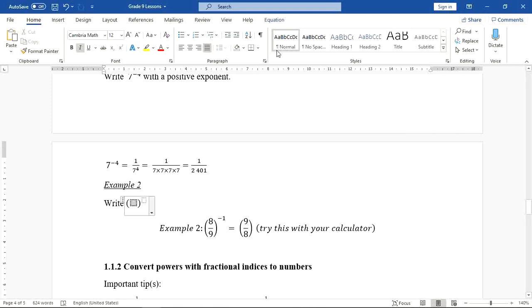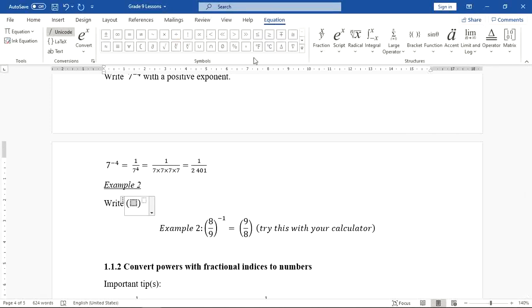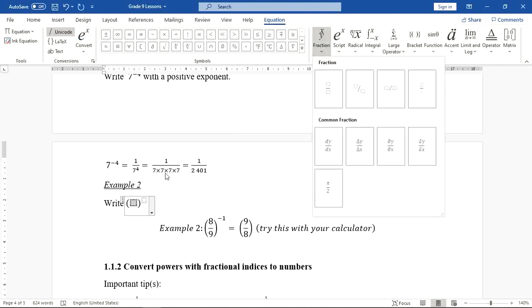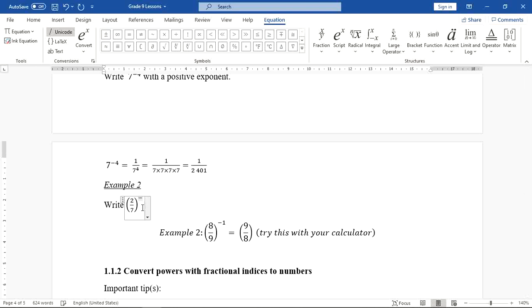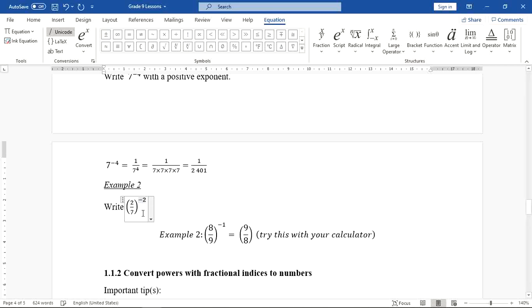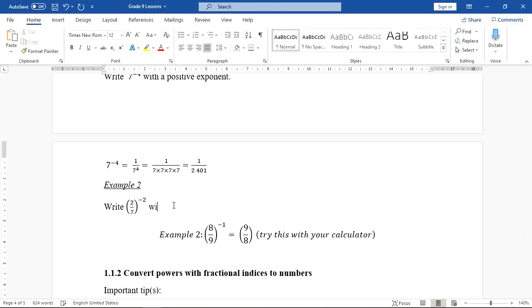And then I can now put in the fraction. So I have 2 over, let's say 7, and the exponent is, let's say, negative 2, with positive exponents.